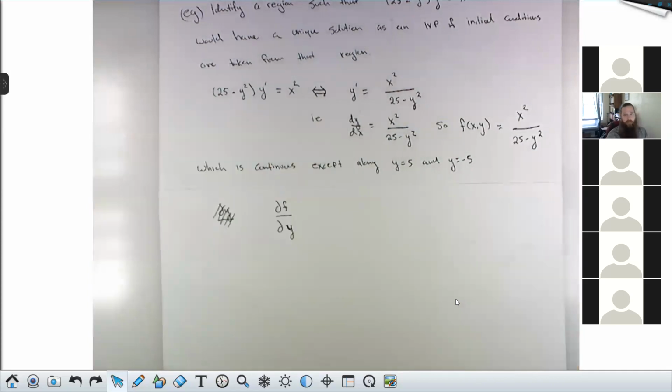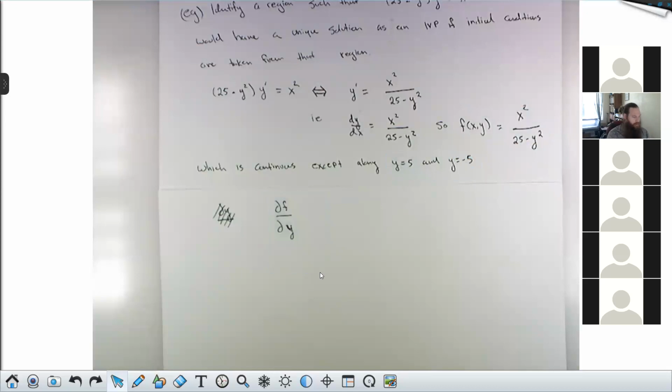So our theorem says if f is continuous and df dy is continuous on some rectangular region, then we have a unique solution. So we've just checked that f is continuous everywhere away from these two lines. Now we need to look at df dy and see where that is continuous.